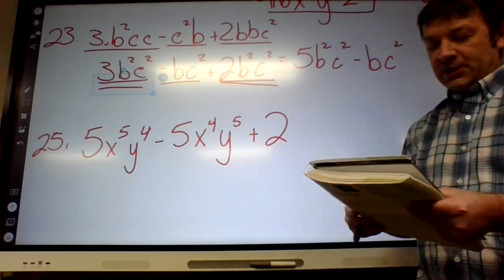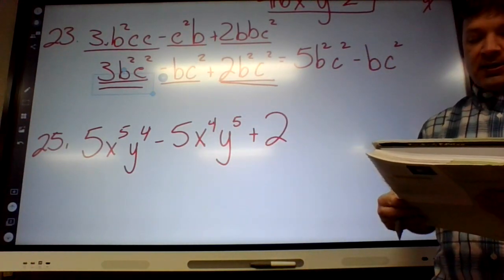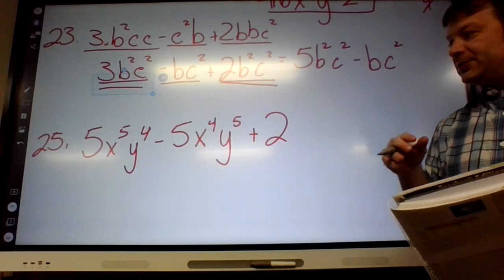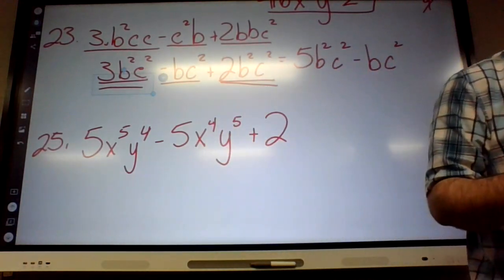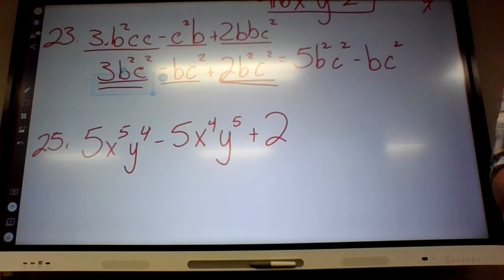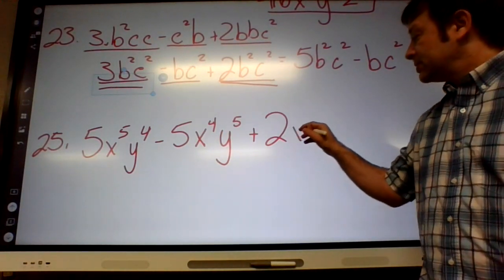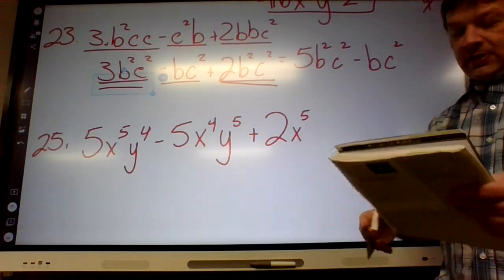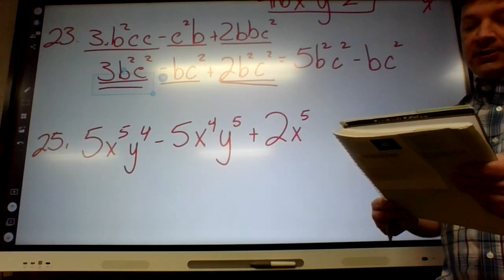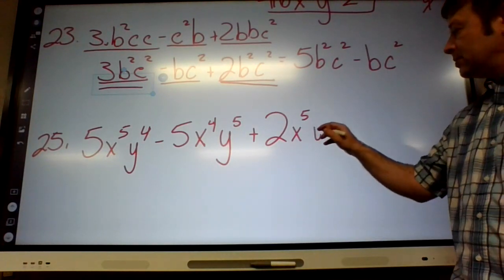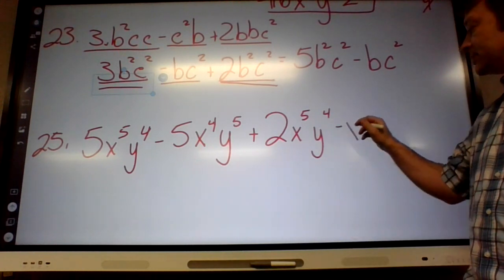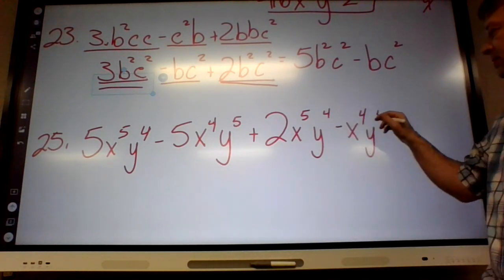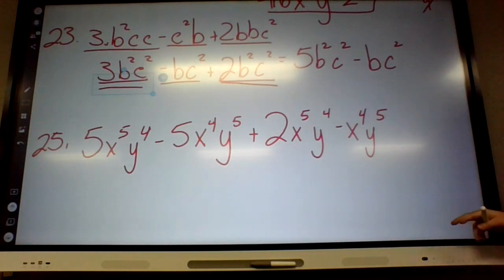The third term says plus 2. I'm going to put my x's in front just so it's in alphabetical order so they all look the same. So x squared times x cubed is x to the fifth. And then I see a y squared times y squared, y to the fourth. And then the last term is just this, so it doesn't simplify.